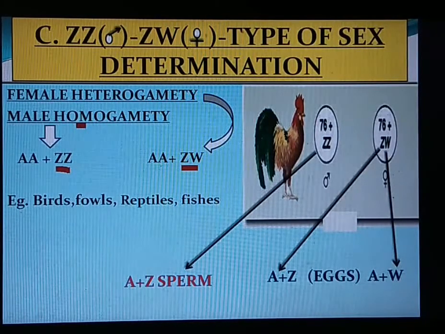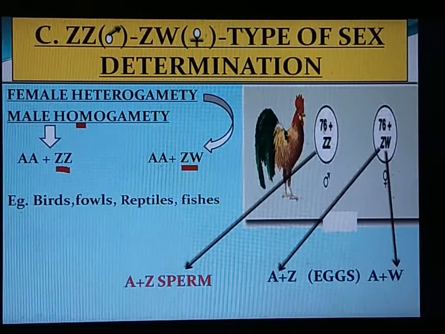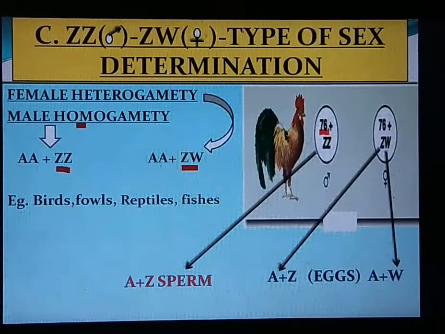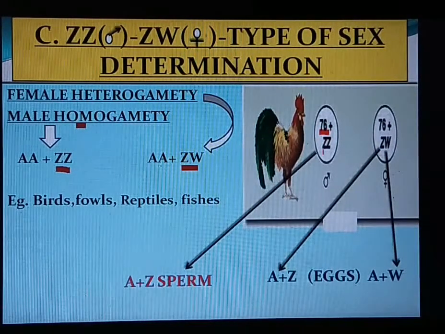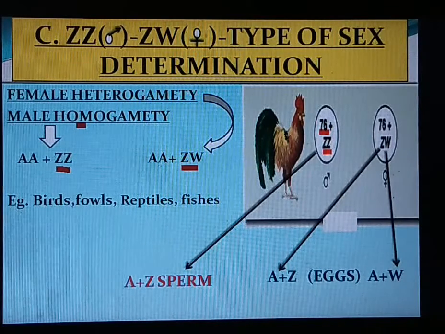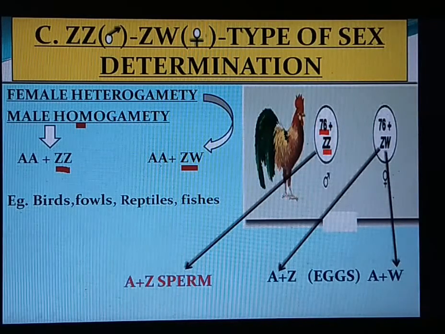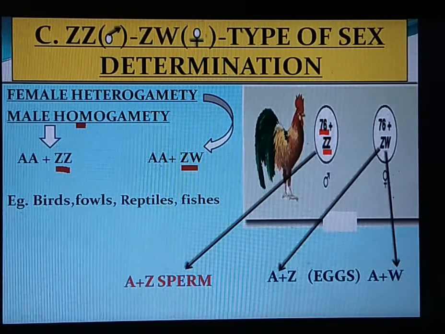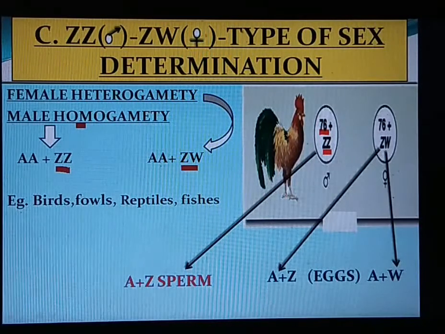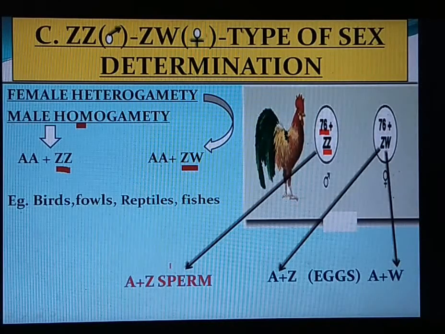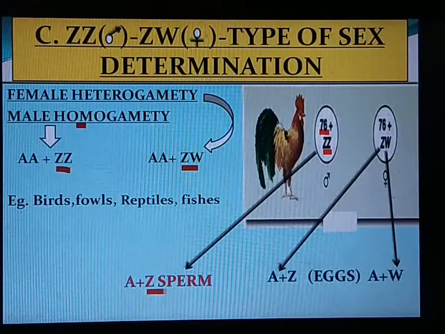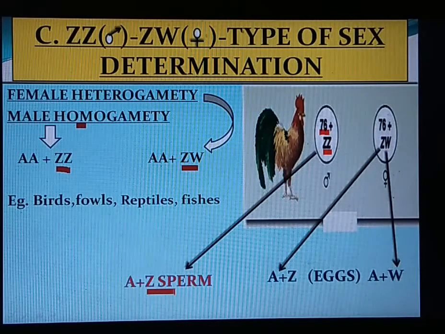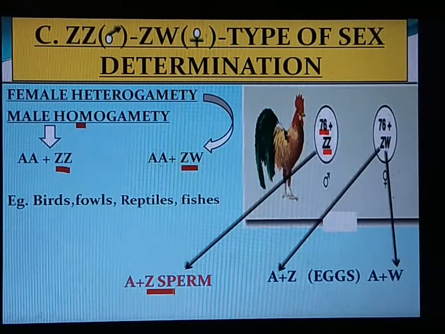Here we have taken an example of fowl. Here we can see 76 autosomes, whereas there is one pair of sex chromosomes, ZZ, similar kind in the males. So they will produce similar kinds of gametes having the Z chromosome in the sperms, right?